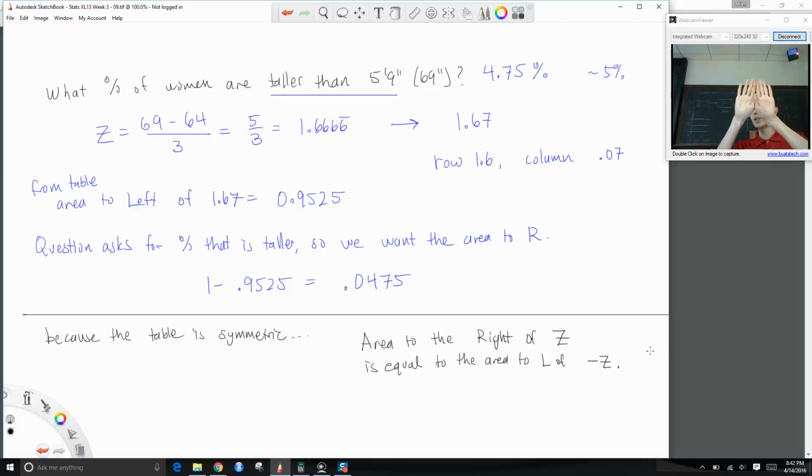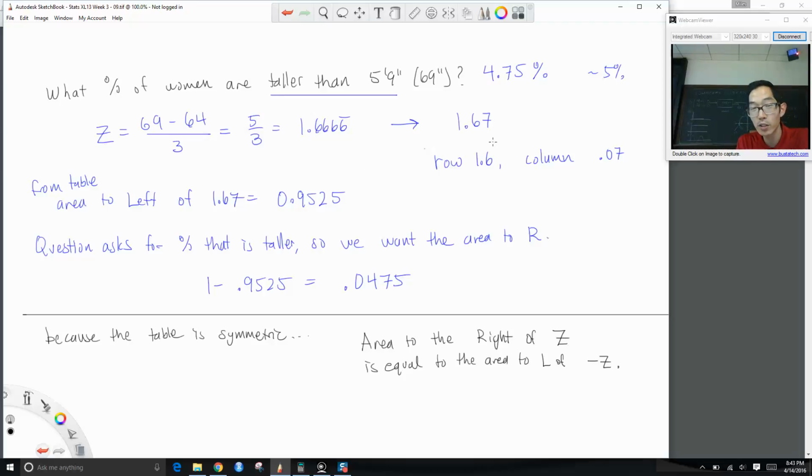Because it's symmetric, if you want the area on the right side, I can look up this value, find the area to the left, and subtract that from 1. Or because it's symmetric, I can look up the flip of that and get just the area the other way.